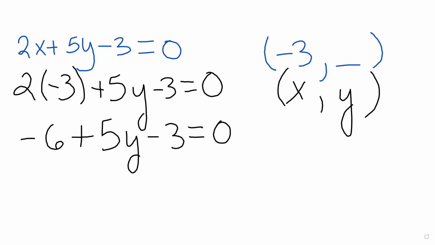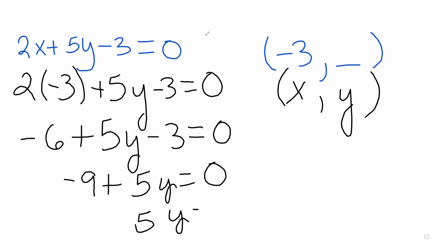We're solving this linear equation for y. Combining our like terms, -3 and -6, it becomes -9 plus 5y equals 0. If we add 9 to both sides, this becomes 5y equals 9.